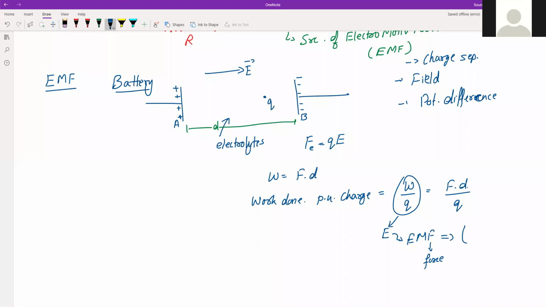That is nothing but potential. Right? Why? Because that is work divided by charge, and we know that that is potential. So EMF is actually potential. This is not force.